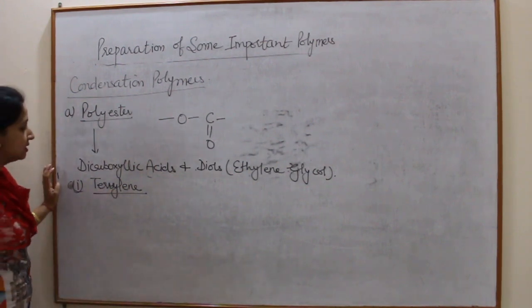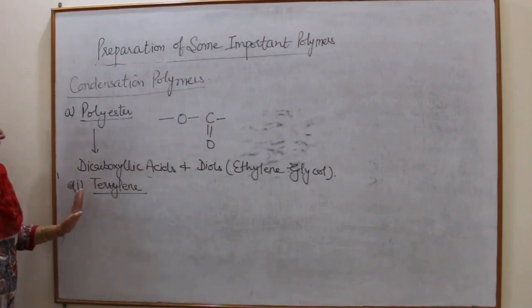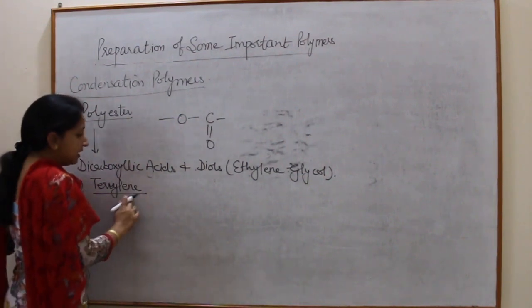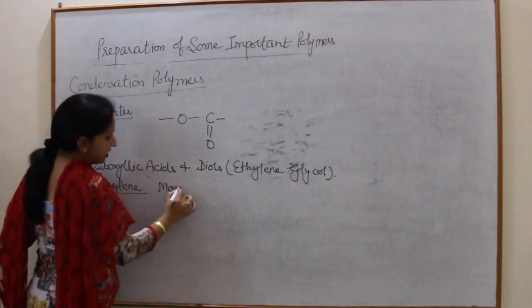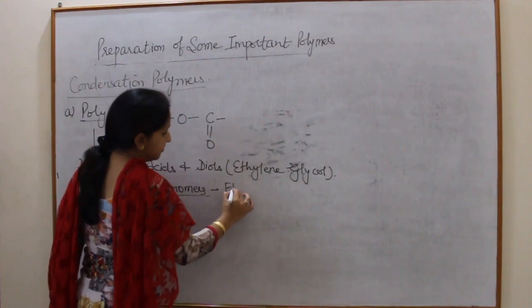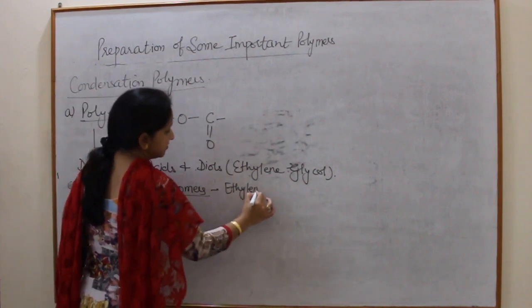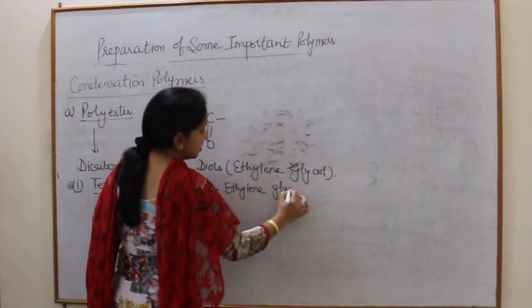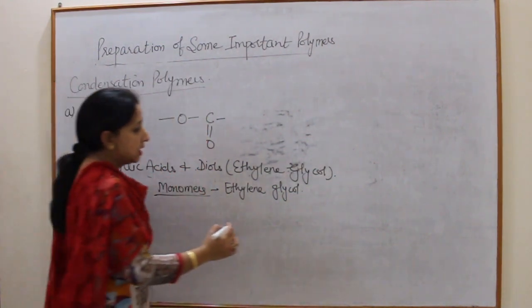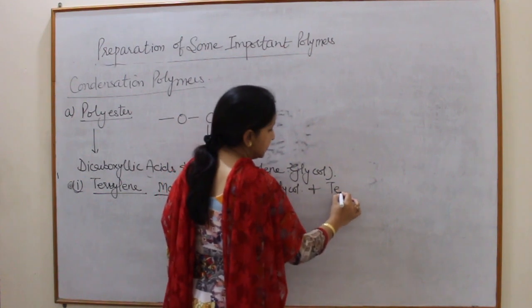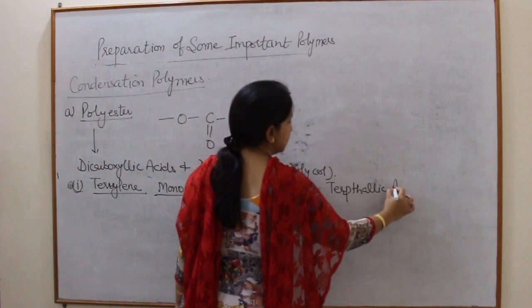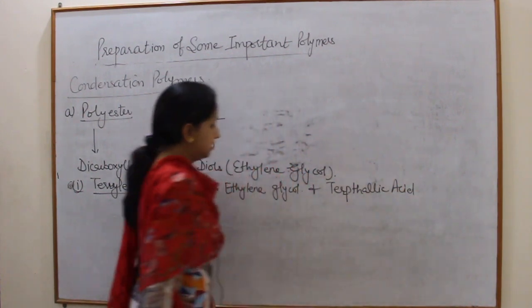Crease resistance means when we press it, no crease formation takes place. So terylene's monomers are ethylene glycol and terephthalic acid.